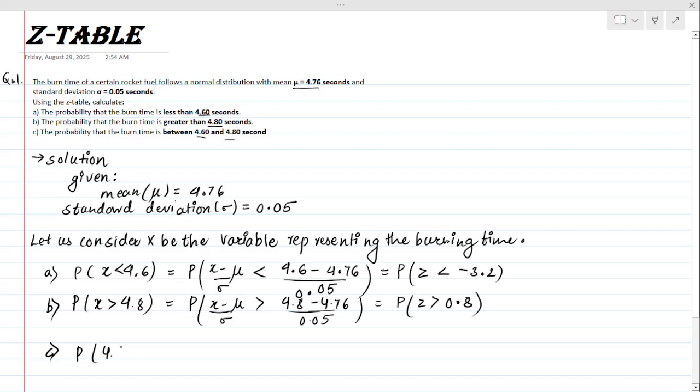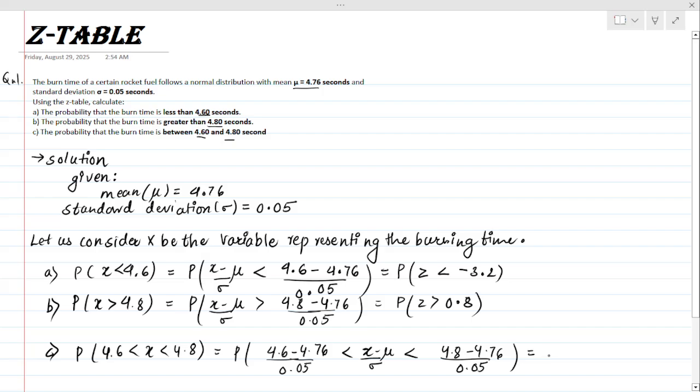So the probability will be from 4.6 minus 4.76 by 0.05 is less than x minus mu by sigma, which is less than 4.8 minus 4.76 by 0.05.